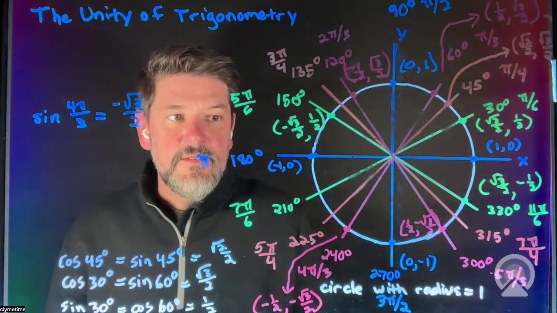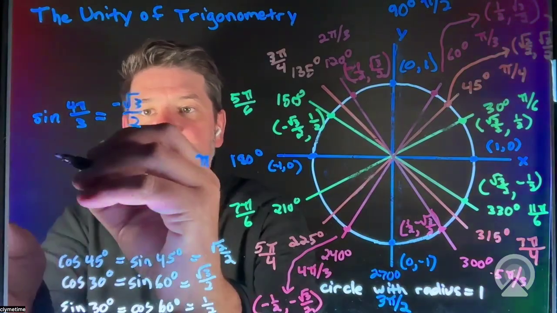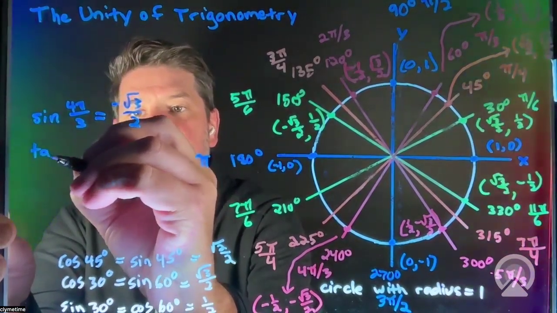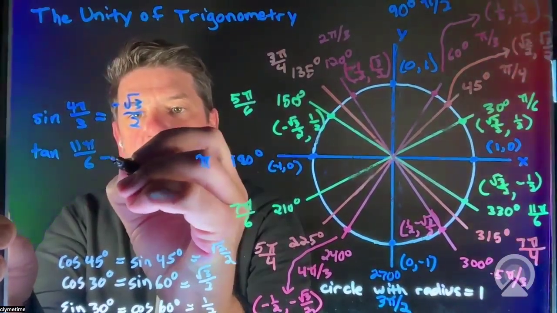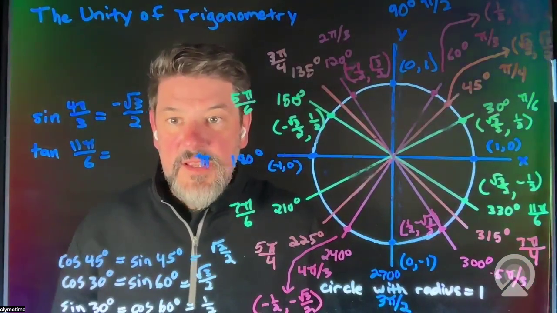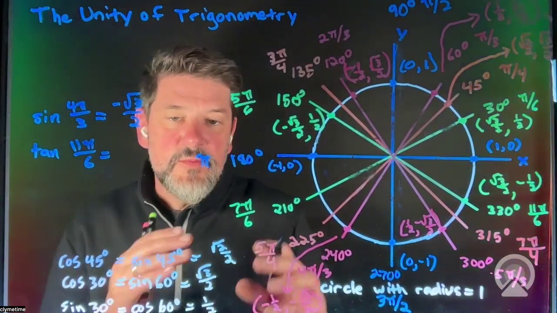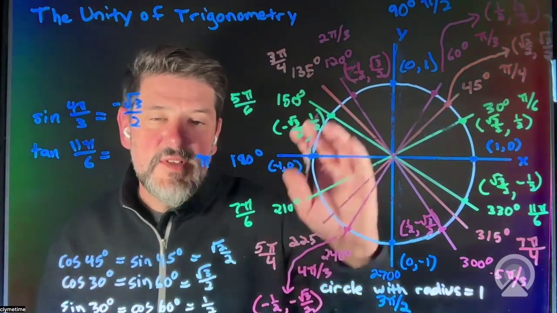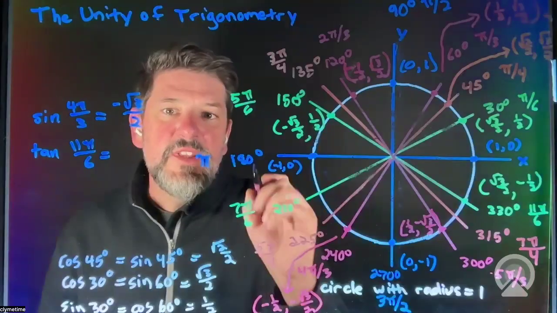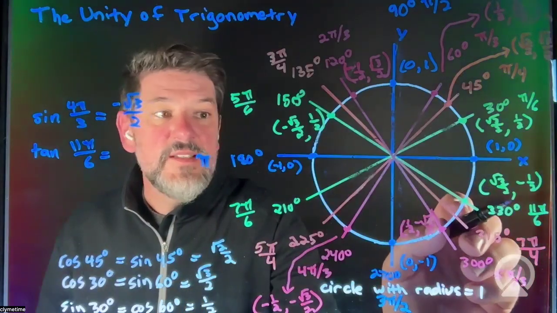Well, what about, let's do another one. What about the tangent of 11 pi over 6? So tangent, again, same thing. It is a fixed angle we're talking about, and that fixed angle will produce a fixed ratio between two sides. In this case, the two sides are opposite and adjacent, but that fixed ratio is going to be the y over the x at 11 pi over 6.